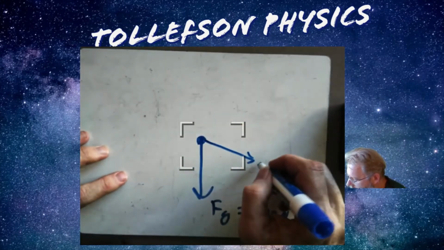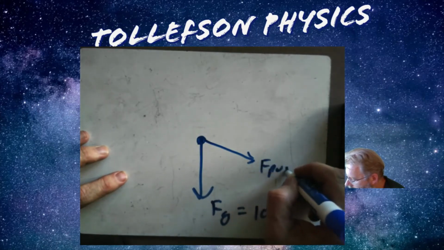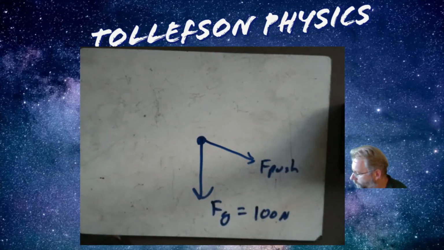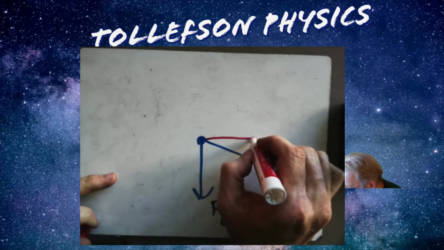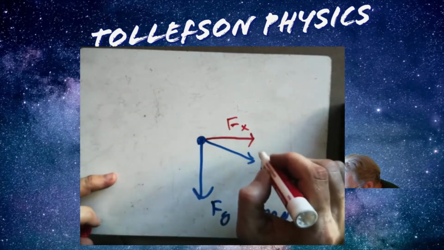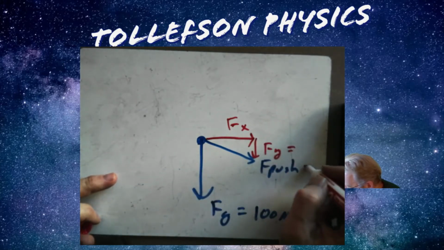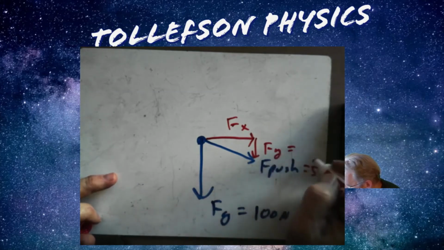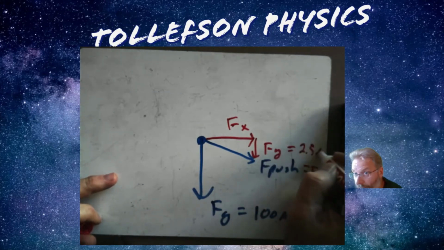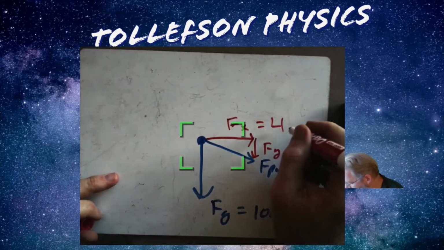We had this push force, but we're going to replace the push force with these two components. So just to make it a little simpler to read, I'm going to write force in the x direction and force in the y direction. The push force was 5 newtons, but in the y direction it was 2.5 newtons. And in the x direction it was 4.33 newtons.